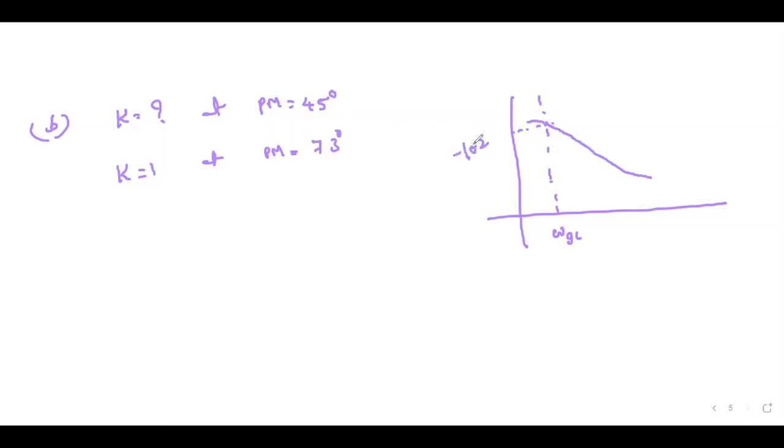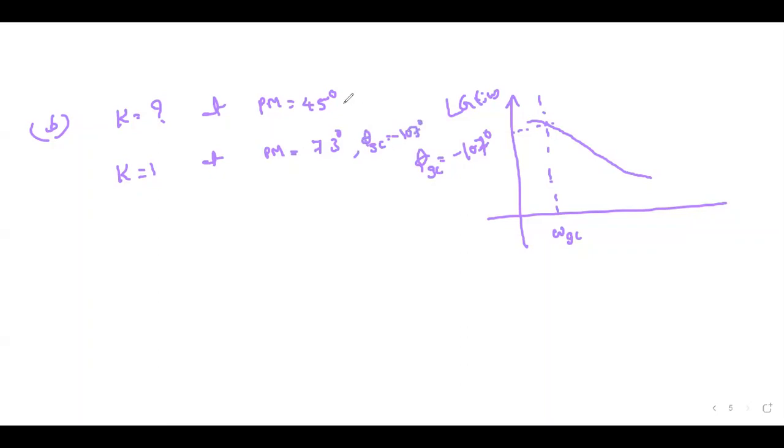Yeah, minus 107 degrees. So the angle we have is minus 107 degrees. That means this is nothing but phi GC. So at omega GC the angle is minus 107 degrees.